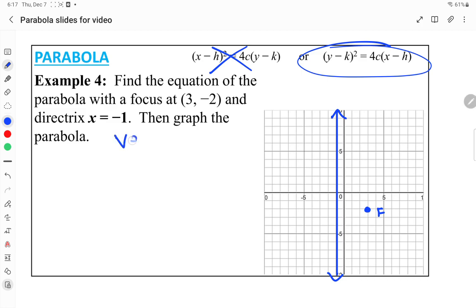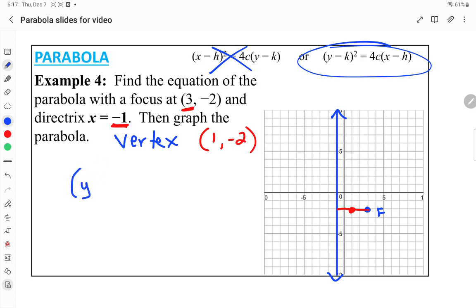And let's see, can I find my vertex? My vertex has to be right in between these two, the focus and the directrix. So the point right in between the focus and directrix, or really specifically I'm looking for the x value in between 3 and -1. That vertex will be at, I count 1, -2. That makes sense. All right, so let's start drawing this.